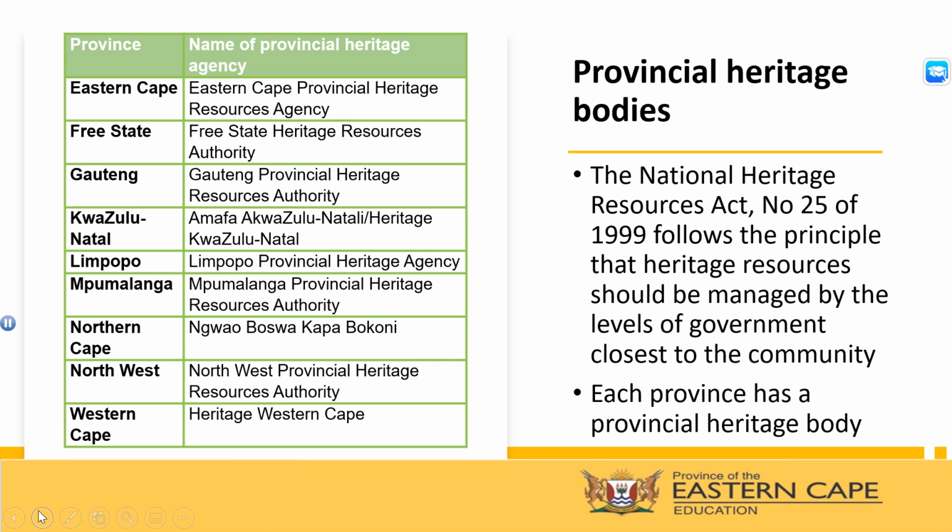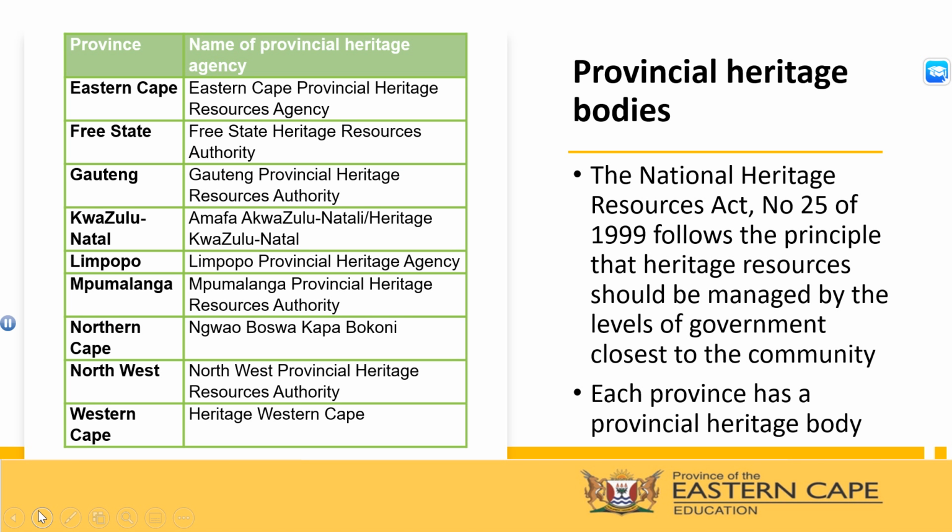It's important that the heritage resources are maintained and managed by the people who are actually the closest to that particular site. So we must just remember that a site must be managed, therefore, by the people who are in that particular area or in that particular province or region.